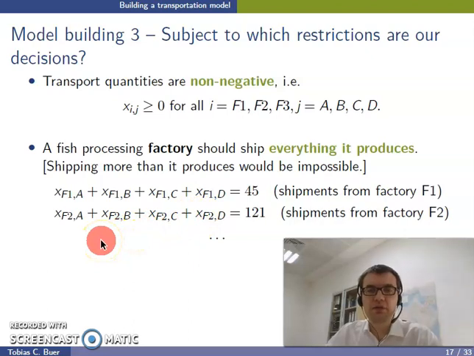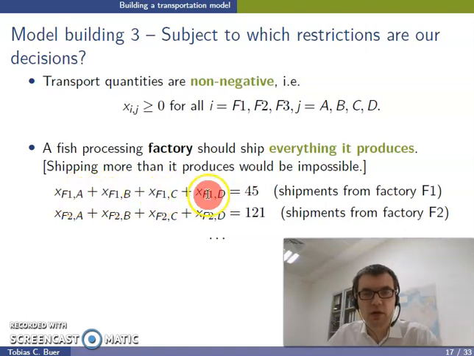That means if we produce 45 units, check your drawing. If we produce 45 units at factory 1, we need to make sure that all these 45 cases are shipped to our customers. How can we do this? We add up the decision variables for all the shipments from factory F1 to all our customers. The index I is always F1, F1, F1, F1 to the 4 different customers.